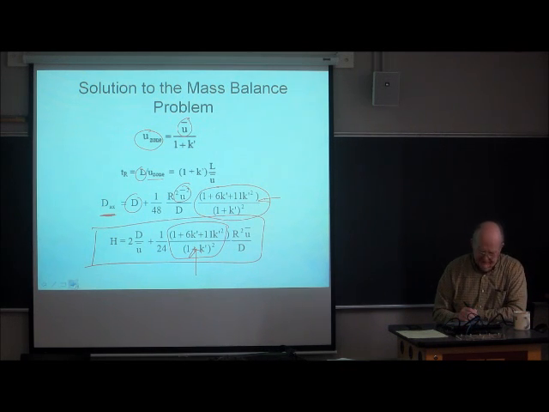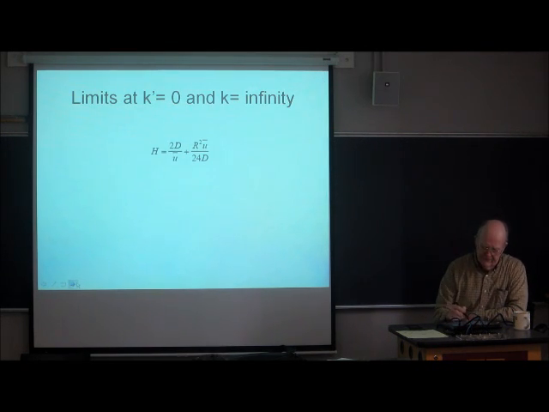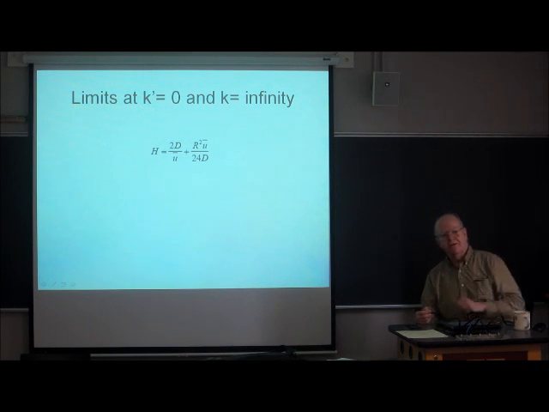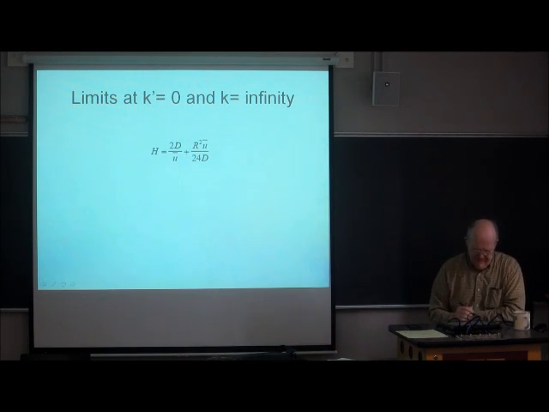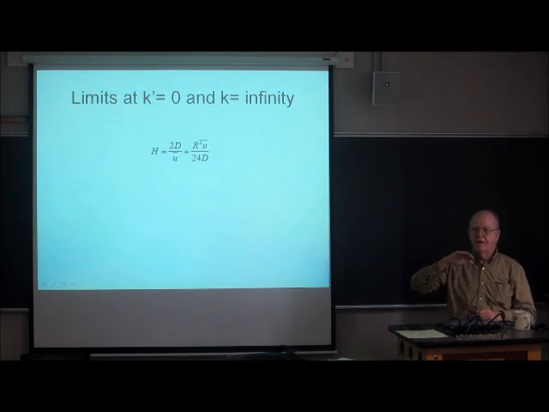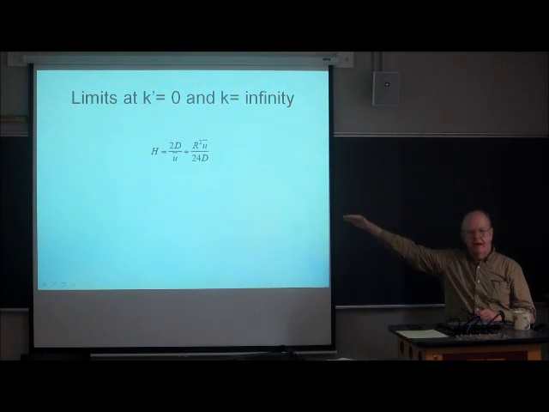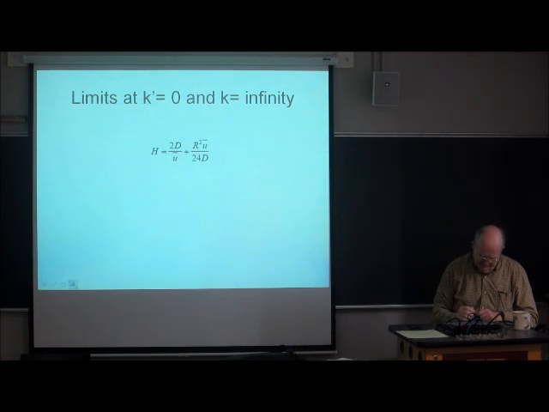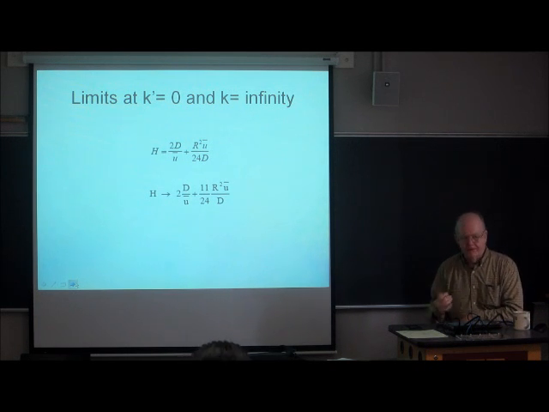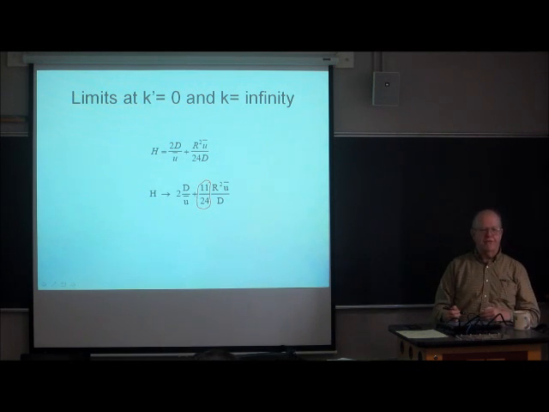Let's look at the limits of this equation at low K prime and high K prime. If I set K prime equal to 0, I get the Aris-Taylor result. If I set K prime equal to the largest possible value, the coefficient of the C term goes up and up and approaches an asymptote. And at infinite K prime, it becomes 11/24.